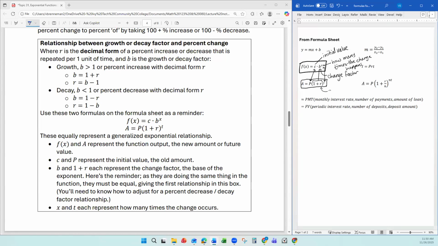R is the decimal form of a percent change, specifically of a percent increase. If it's a percent decrease, then it would be subtraction.